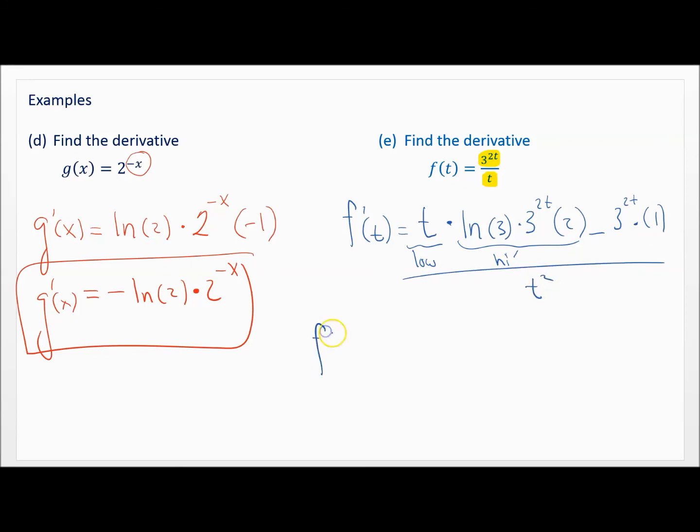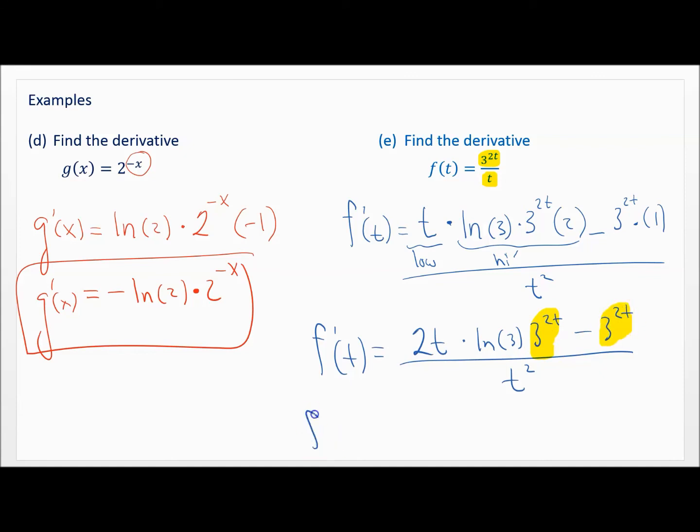Now it's just about simplifying the expression. Sometimes it's just about writing it in a better order. So notice right here, I have a 2t times natural log of 3 times 3 to the 2t minus 3 to the 2t over t squared. My advice is to factor out this common 3 to the 2t out of those two terms, and then I think it'll be about as simplified as we should be.